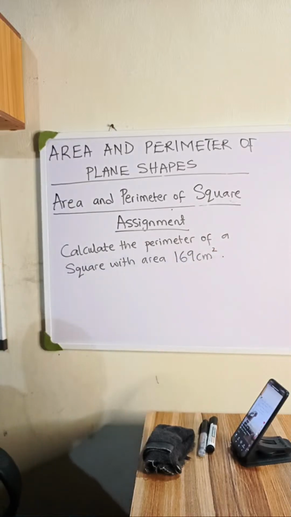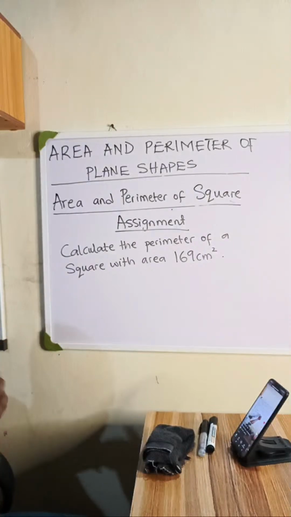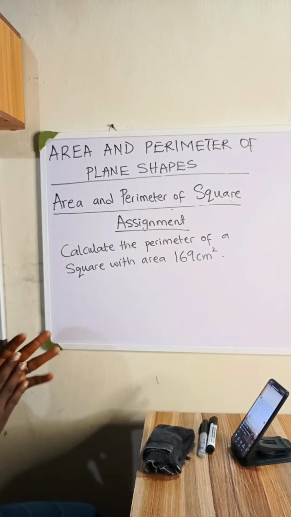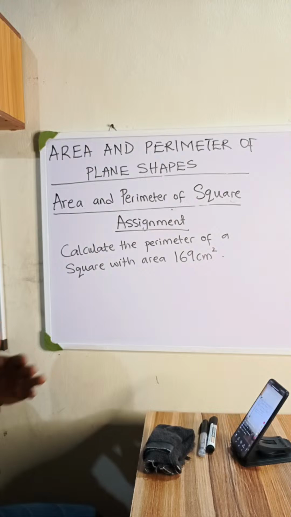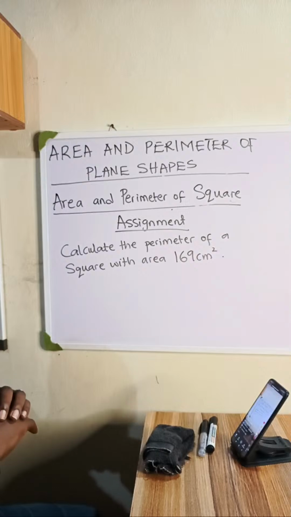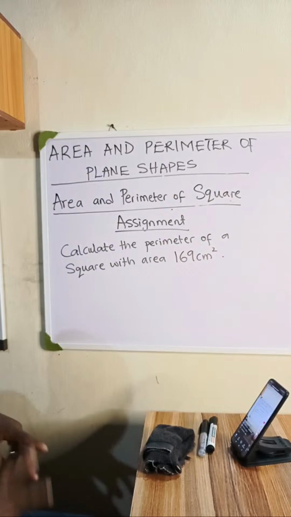We're expected to calculate the perimeter of a square with area 169 centimeter square.